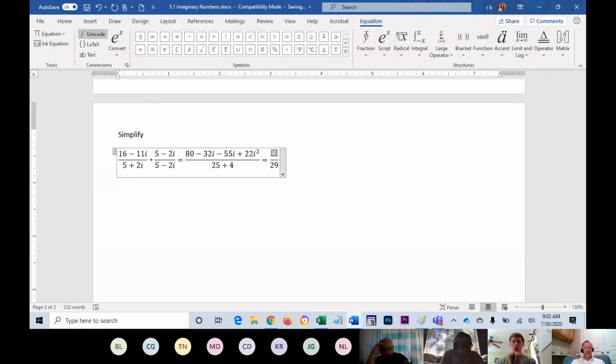On the top, 22i squared is going to be negative, right? Yep. Negative 22. So 80 minus 22 is 58. And then negative 32 minus 55 is negative 87i. Okay.